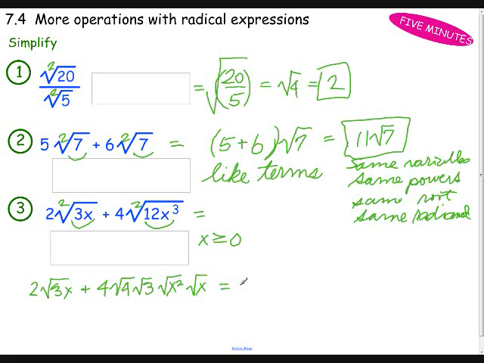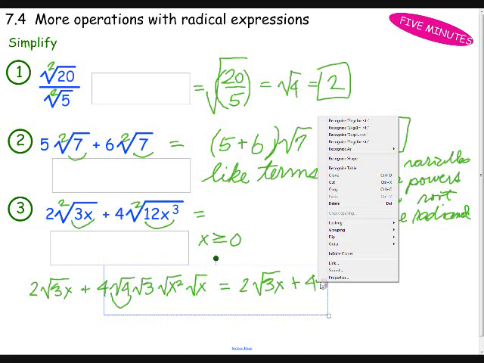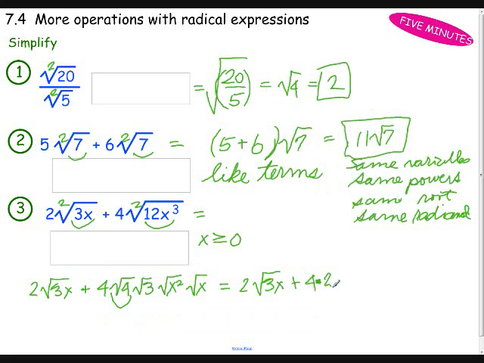So that would simplify here to the first term, which isn't going to simplify at all. And then the second term, we're adding 4, and the square root of 4 is 2, so it's times 2 times the square root of 3 times x.